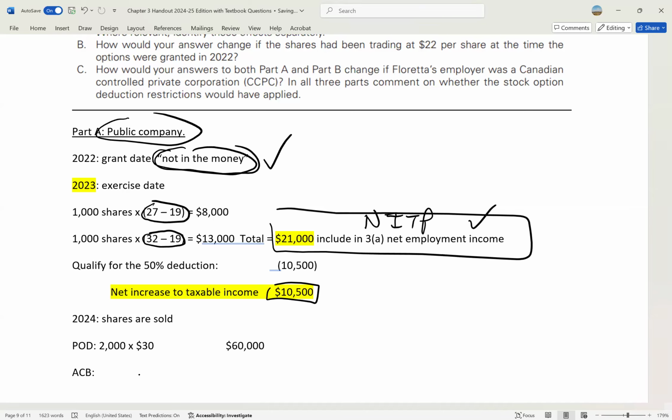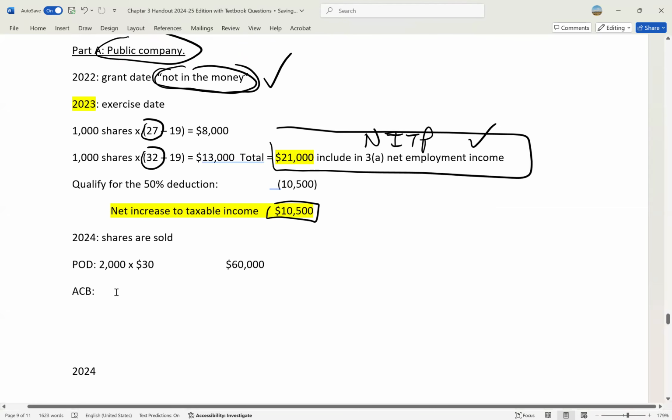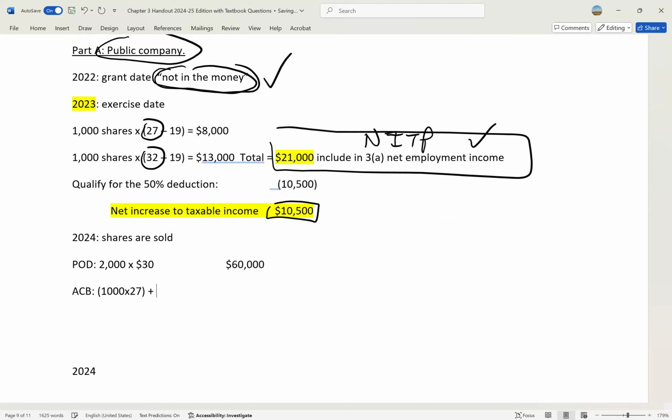So for the first 1,000 shares, we're going to use an adjusted cost base of $27. And for the next 1,000 shares, we're going to use an adjusted cost base of $32. So the way we calculate this is we're going to take 1,000 times 27 plus 1,000 times 32. And so that's going to be her overall cost base.